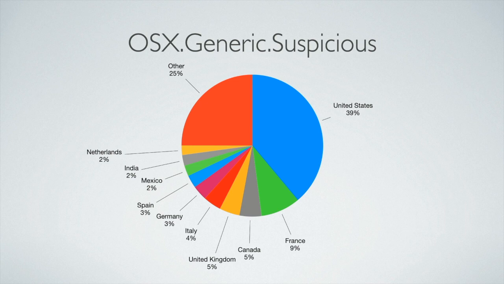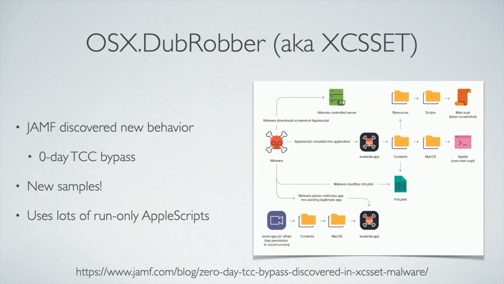Most of it, again, is in the United States, which is kind of expected because that's where our customer base mostly is. But in this case, there's a bit of a difference: with our global detections, I think it was like 8% in the other category, and here 25% is in that other category. So we see a lot more of this in countries that we have less representation in, for example, Asia.